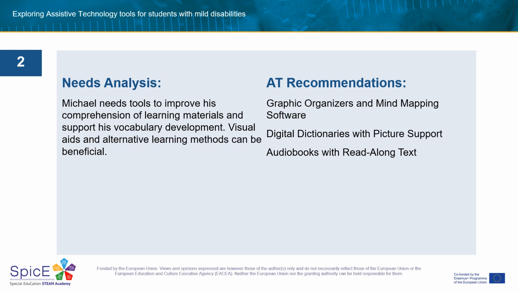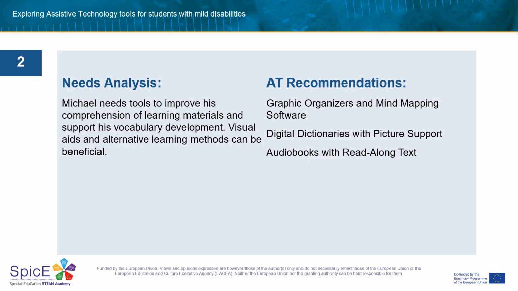Recommendation of assistive technology tools. Graphic organizers and mind mapping software. These tools will help Mikhail visualize relationships between concepts and organize information in a way that is easier to understand. Digital dictionaries with picture support.